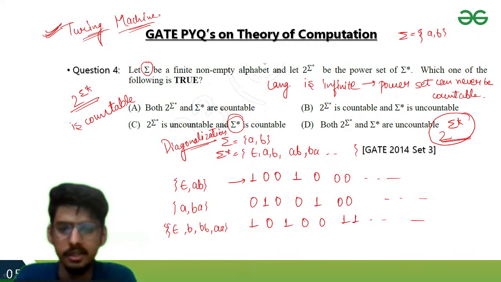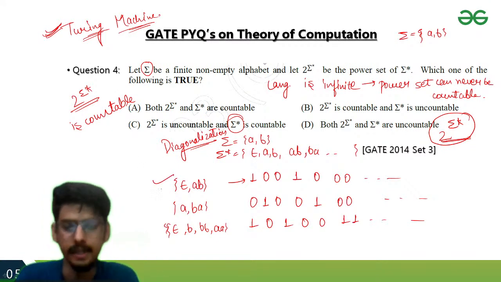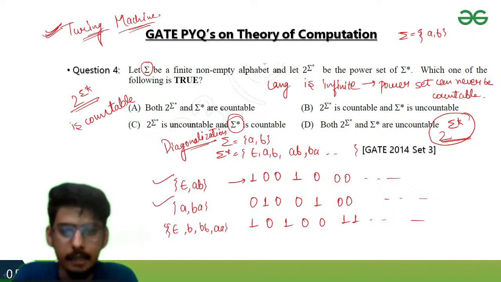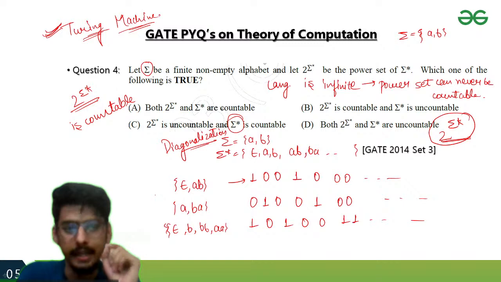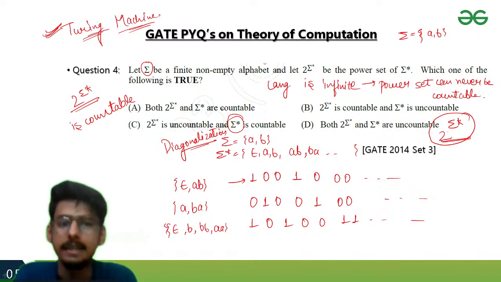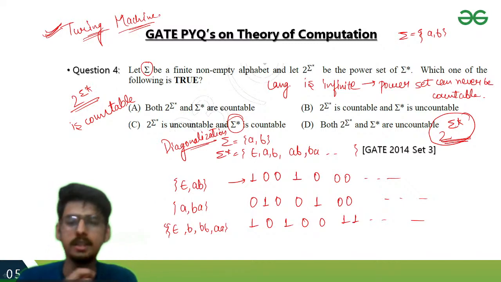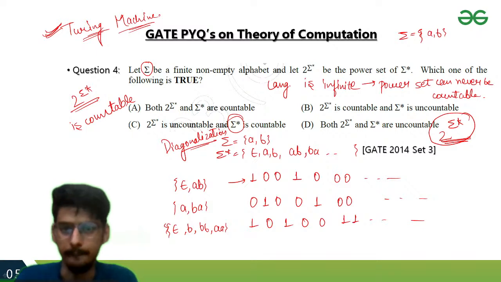I just showed you examples: if I take epsilon and AB, this will be the encoding; if I take A and BA, this will be the encoding, and so on. So every element of 2 to the power sigma star can be shown with a binary string of 0 and 1.